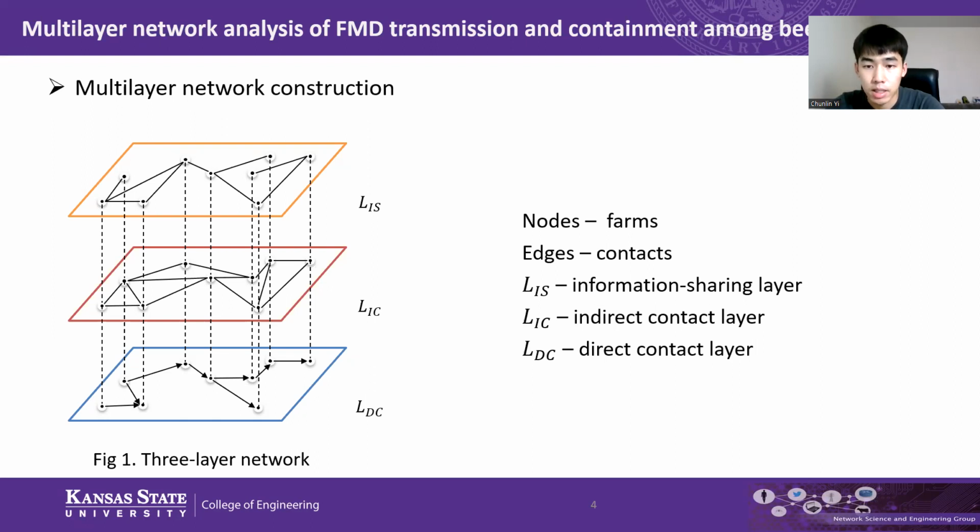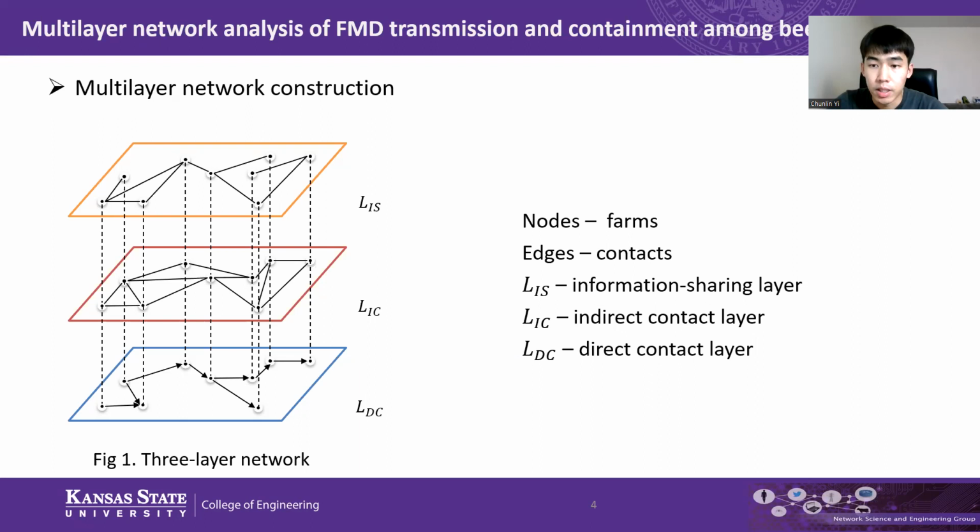The direct contact layer models the cattle movements between farms. Each cattle movement is generated as a directed edge from the departure farm pointing to the destination one.